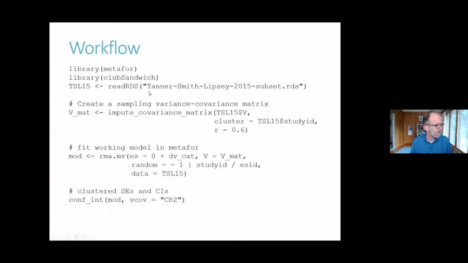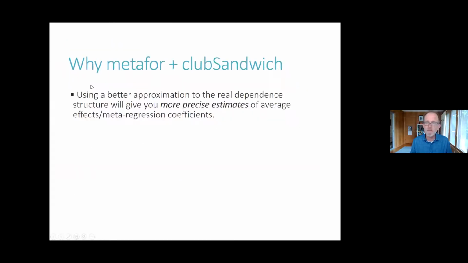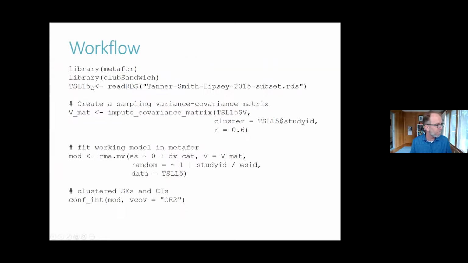Here's a quick demonstration of the workflow. If you load up metafor, load up clubSandwich, and then I'm going to use the data from the Tanner-Smith and Lipsey meta-analysis. The first step in this workflow is to create the sampling variance covariance matrix using some assumption about the degree of correlation between effect size estimates.